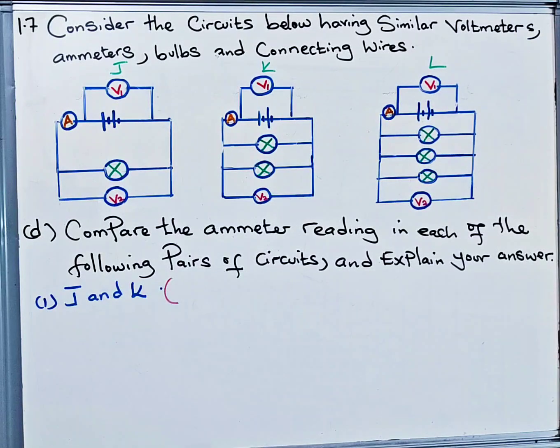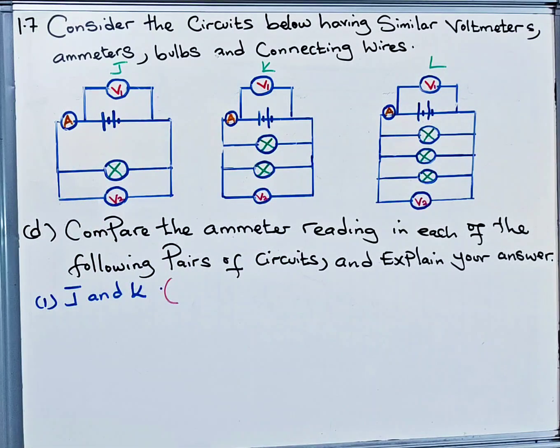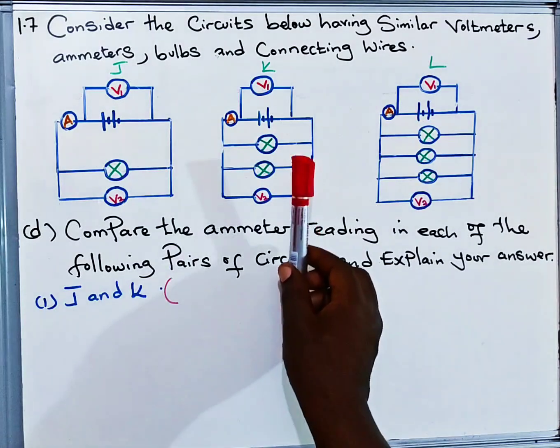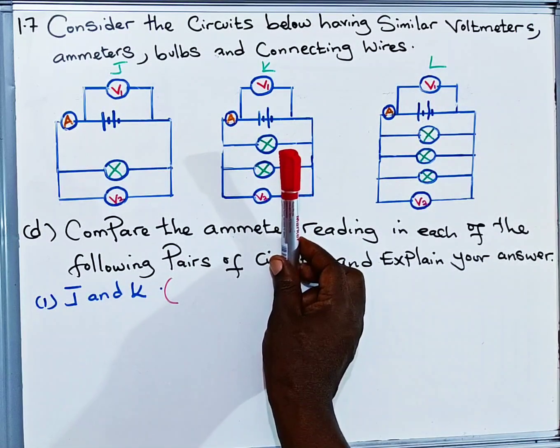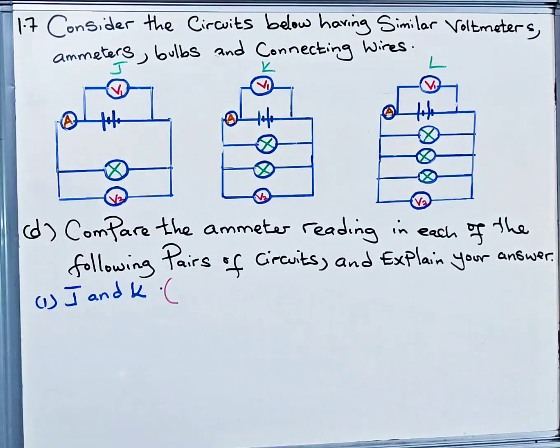We are talking about the ammeter reading, the device which reads current. How are they compared? The answer is that the ammeter reading of K is going to be higher than that of J.